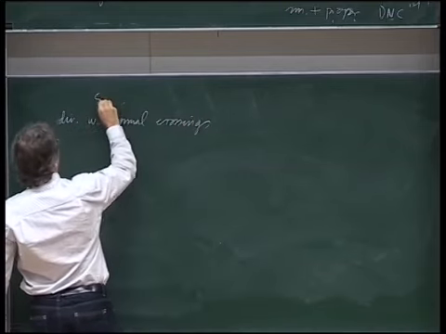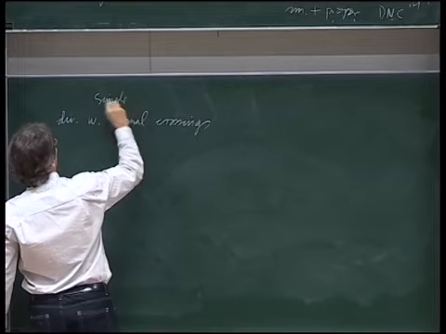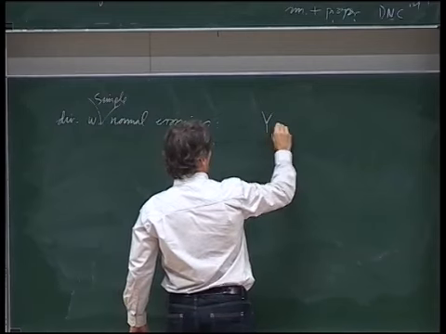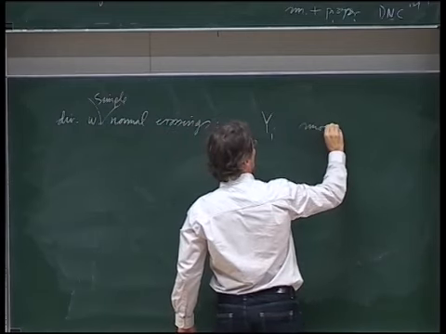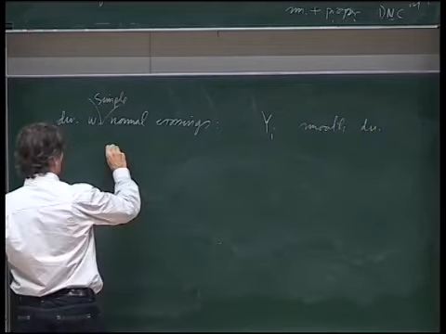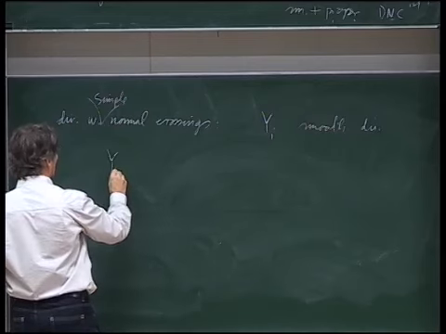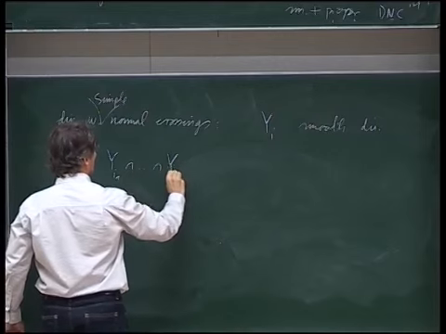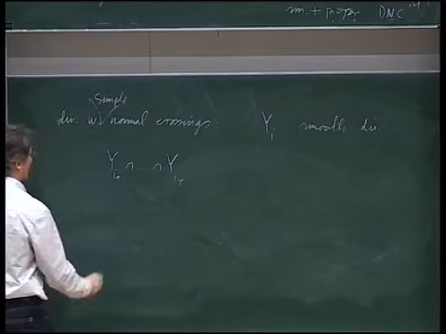Maybe I just assume simple normal crossings. That means the Y_i are smooth divisors, and the intersections are all smooth.